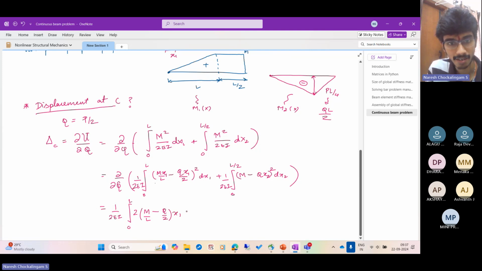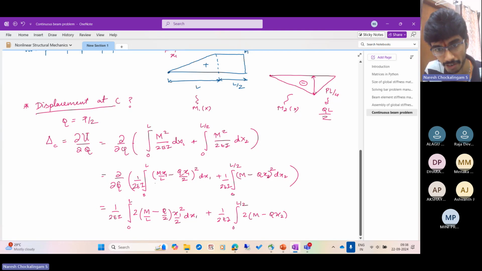So you get another x1 by 2 dx1, plus 1 by 2EI integral 0 to L by 2. If you differentiate it, you'll get 2 times M minus Qx2. And you differentiate whatever is inside, you get an x2. And in both the cases, there'll be a minus sign. So put that minus sign commonly out. So you have a minus and a minus dx2.